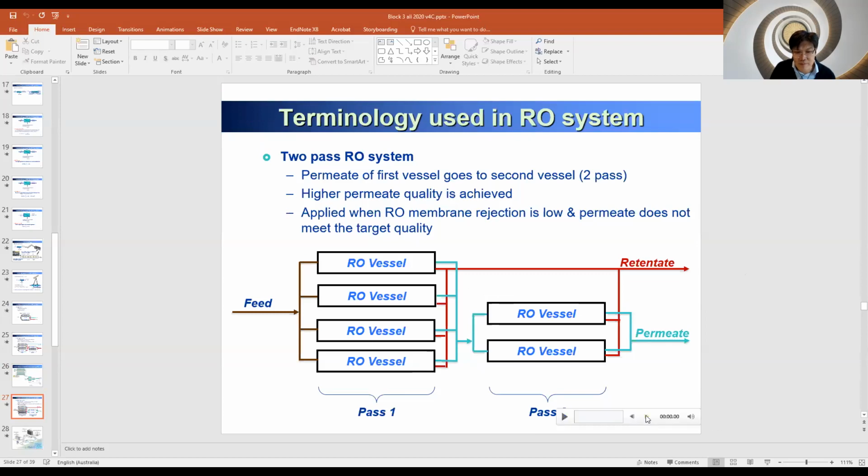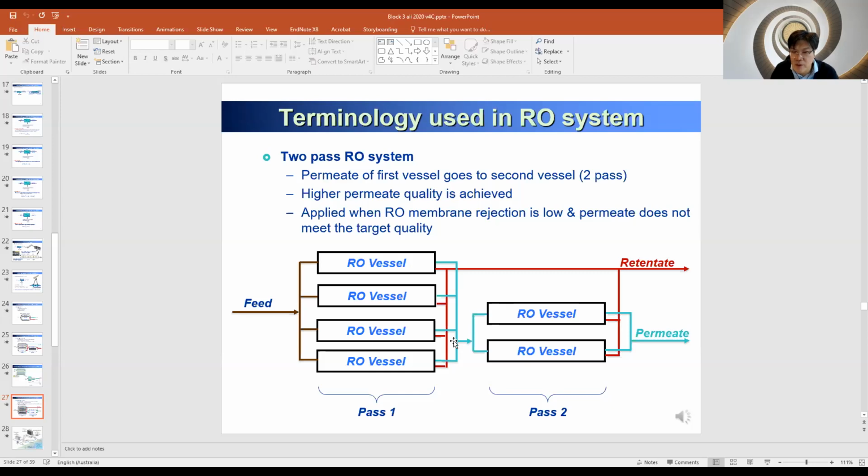First pass, second pass. So we have membrane pressure vessels, and then water flows and passes through the RO membrane. This blue color is just permeate. This permeate still has a high concentration of boron, bromide, or total dissolved solids.